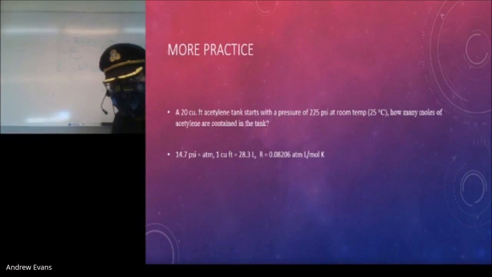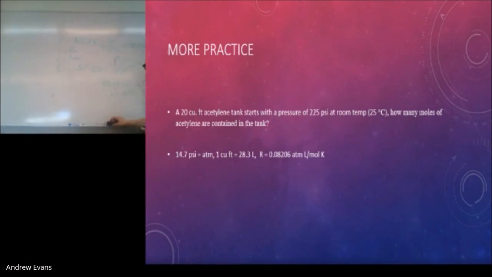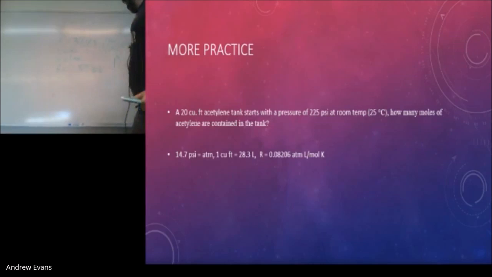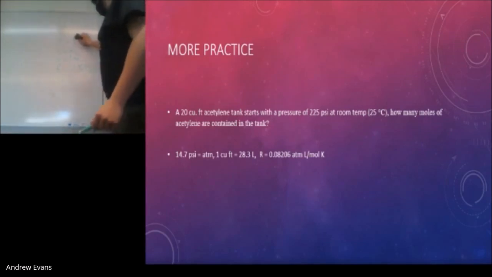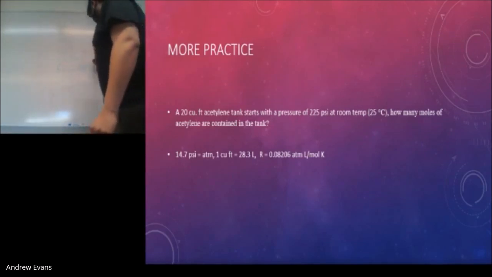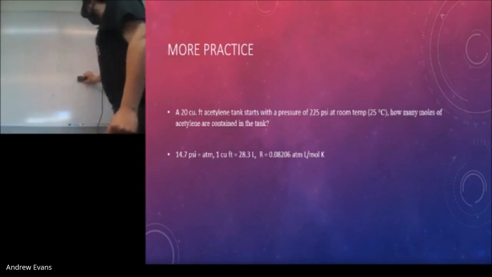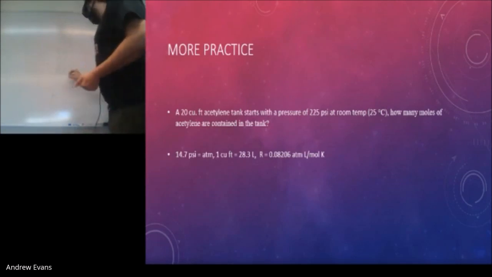So in this case, we're working with atmospheres. I give you the conversion 14.7. But you could just as easily convert this into bars and then work from there. So this one has a little bit more conversion. So we have a temperature at 25 degrees C. We have our gas constant as 0.08206 atm liter per mole Kelvin.